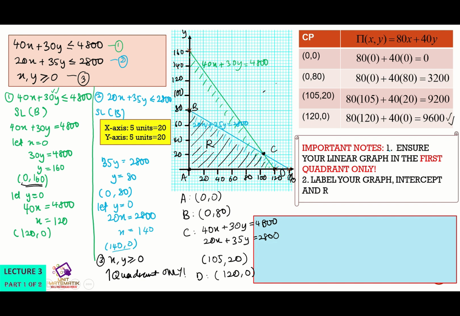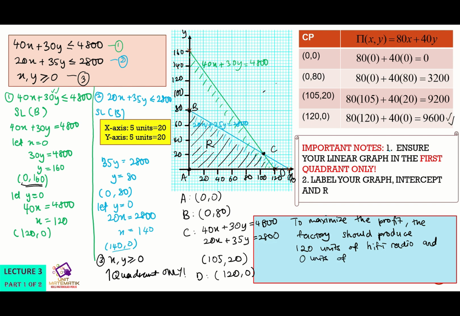It is compulsory for you to write a conclusion for application. The conclusion would be to maximize the profit, the factory should produce 120 units of hi-fi radio and 0 units of mini radio.